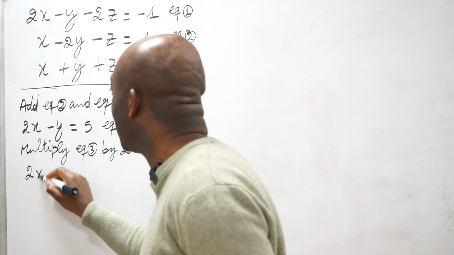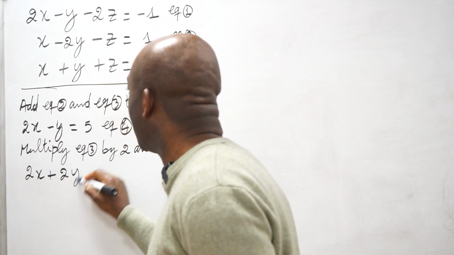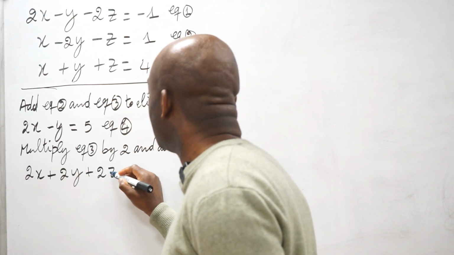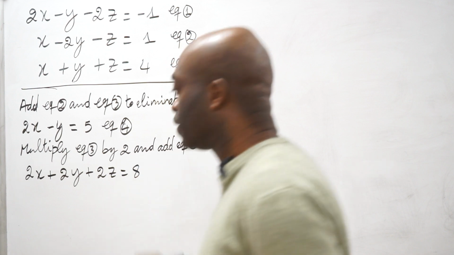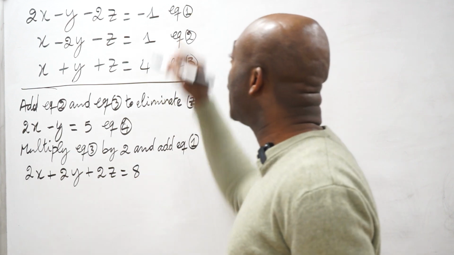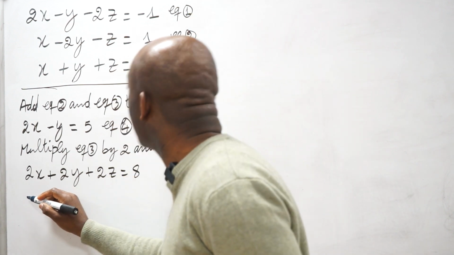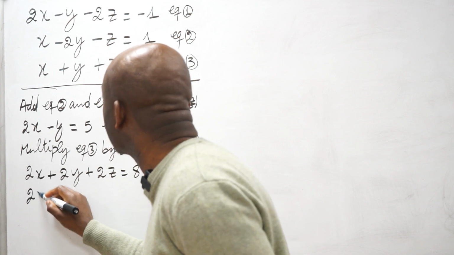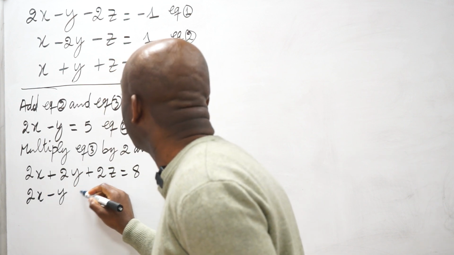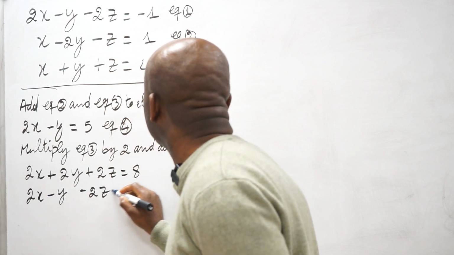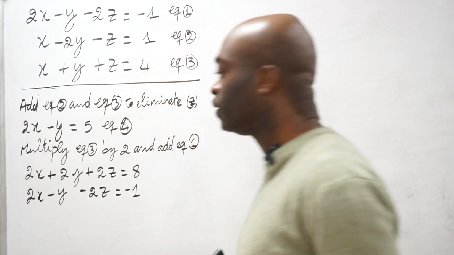We end up with 2x plus 2y plus 2z equals 8. And then we add it to equation 1. Equation 1 is what? Is 2x minus y minus 2z equals -1.